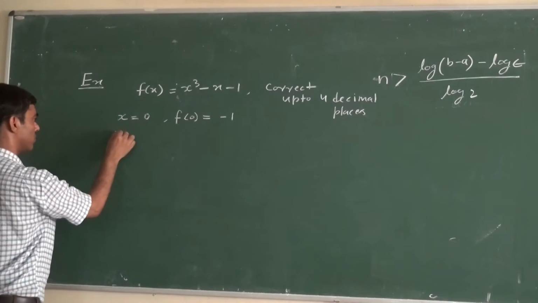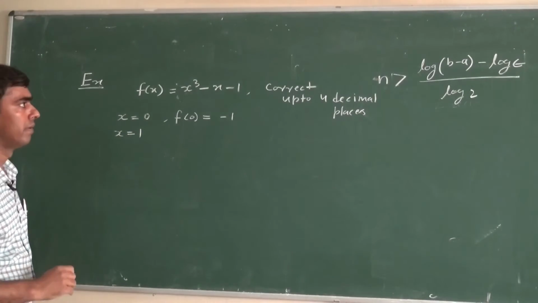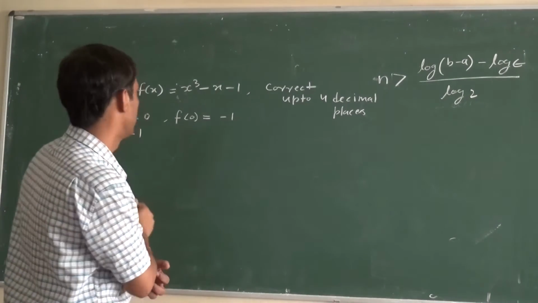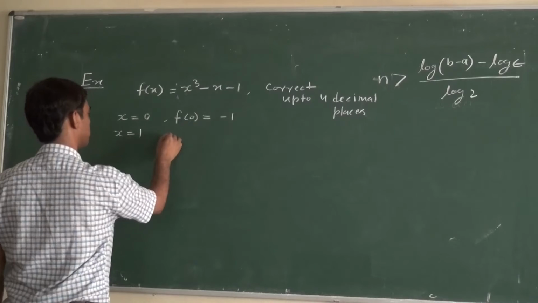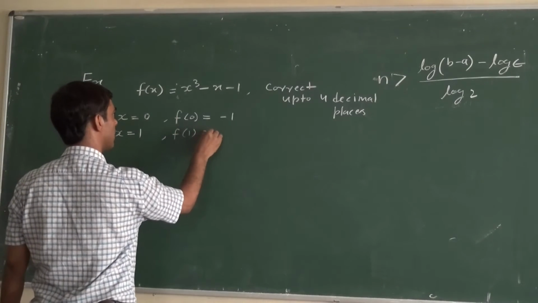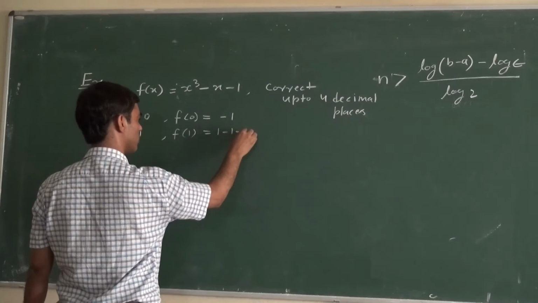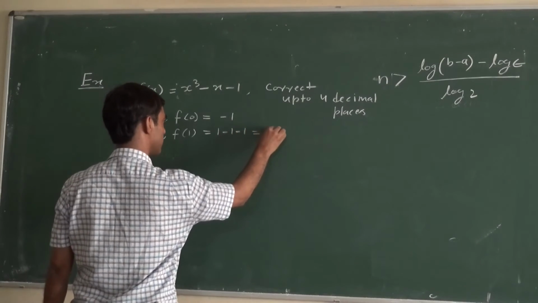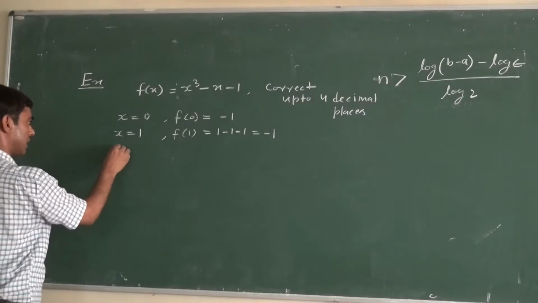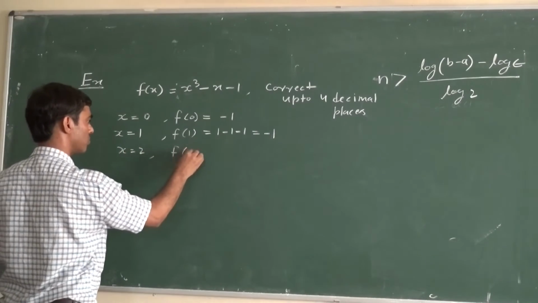If we put x equal to 1, then what is the value for f of 1? F of 1 is 1 minus 1 minus 1. This one is again a minus 1. Now at x equal to 2, this one becomes f of 2.